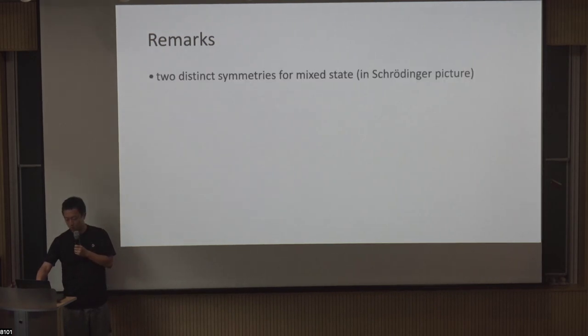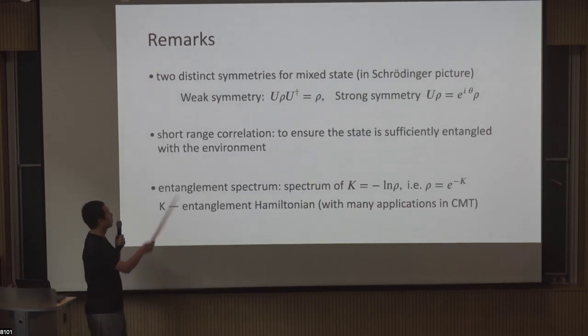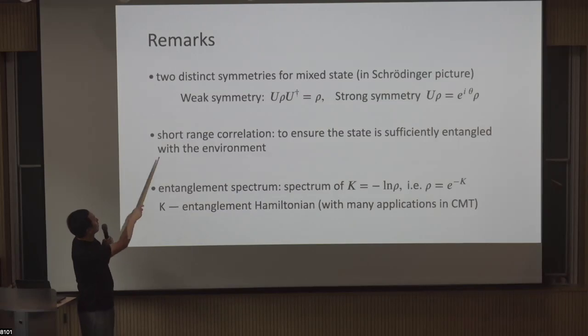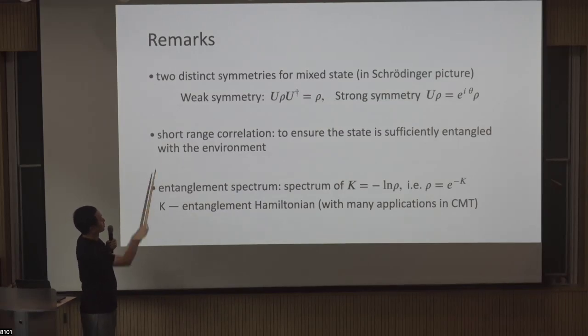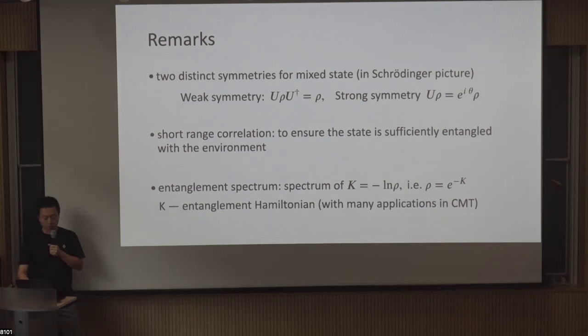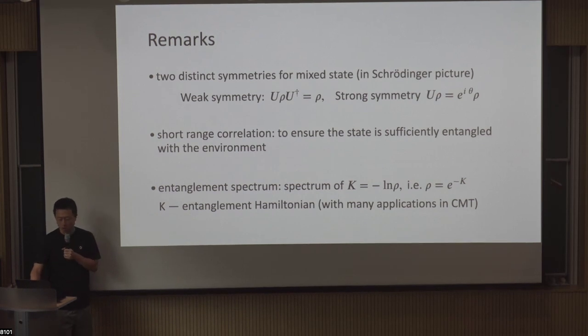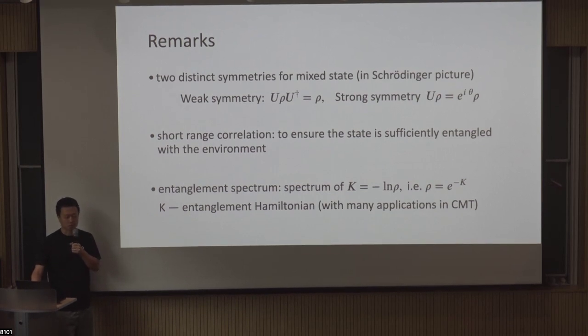Maybe let me put all the slides here. Let me start from the first one. First, let me comment on the symmetry I use. Usually, when we talk about a symmetry in a quantum mechanics class, we talk about something that commutes with the Hamiltonian.